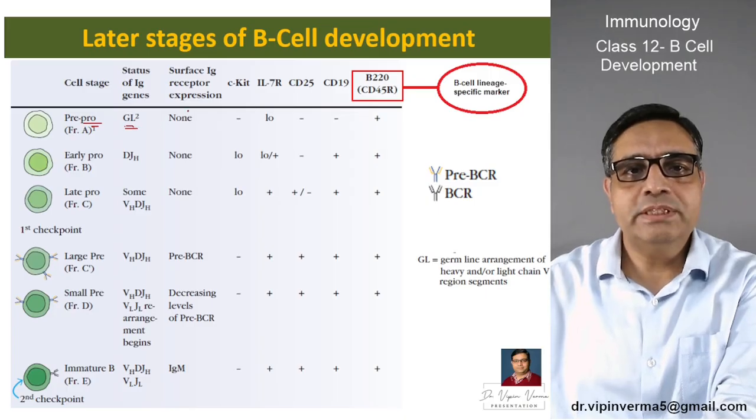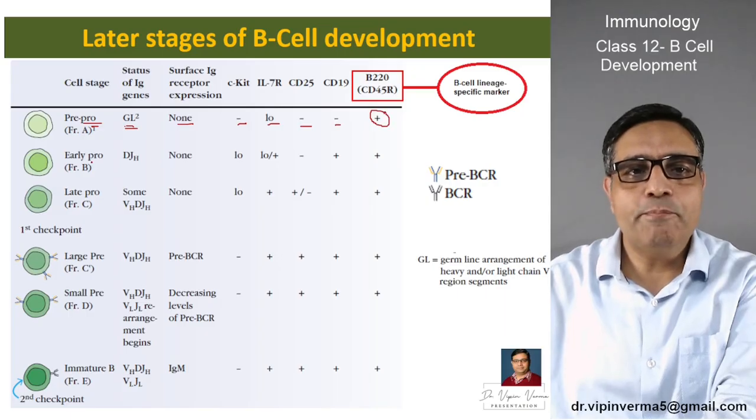There is no surface Ig receptor expression, c-KIT is absent, IL-7R, the receptor for IL-7, is very low, CD25 and CD19 are absent, and B220, which is CD45R, is present.